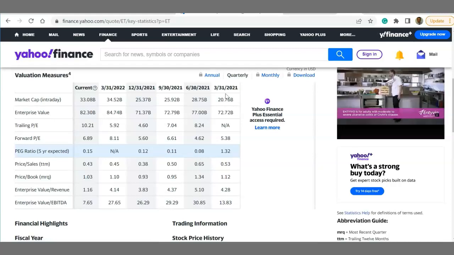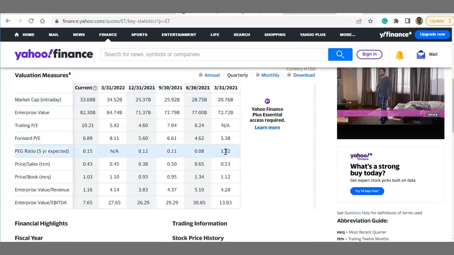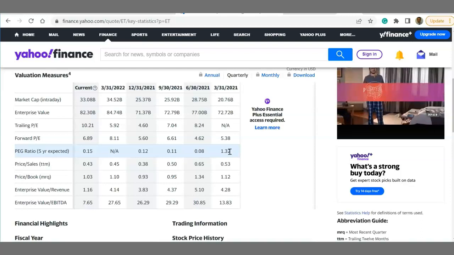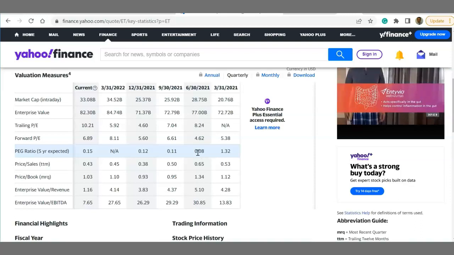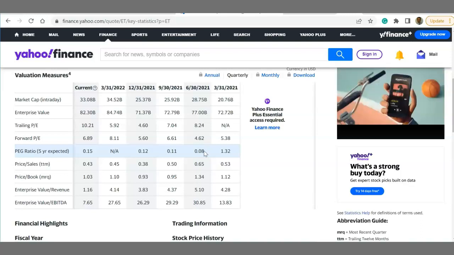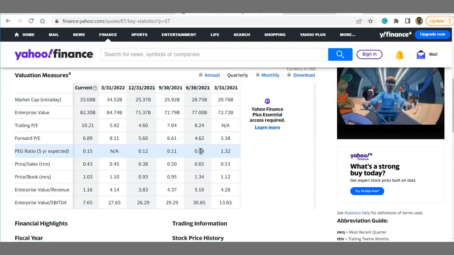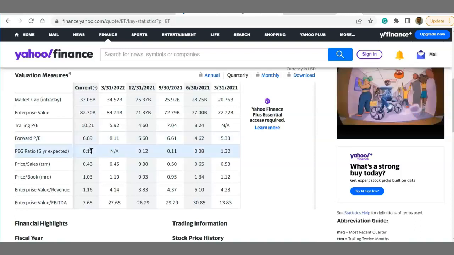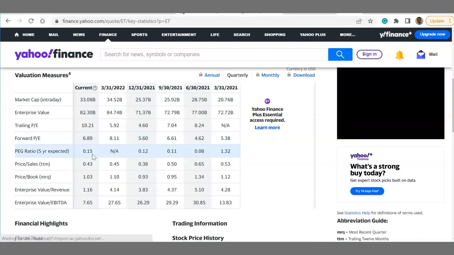Oh, in 2021 it was 1.32. You see, at that time it was above 1, right? PEG ratio. But by the end of the first half of 2021, the PEG ratio ended up all the way below 1. So like 0.08 and 0.11, and then it's still right there. So here it was high, but after that, it went down.